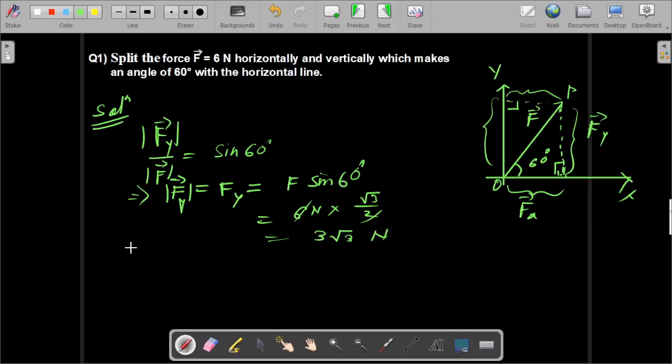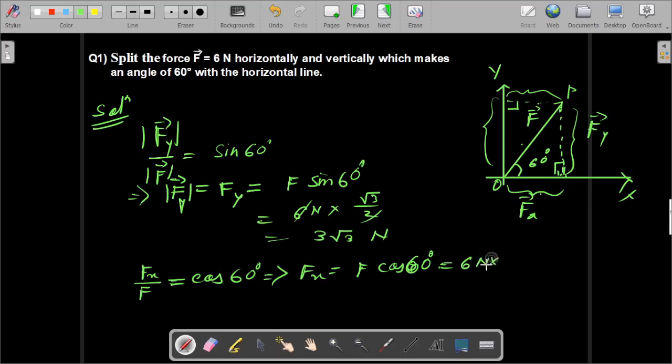Similarly, Fx by F is cos theta, so Fx will be F cos theta, with theta 60 degrees. Fx will be 6 Newton into half, which will be 3 Newton.